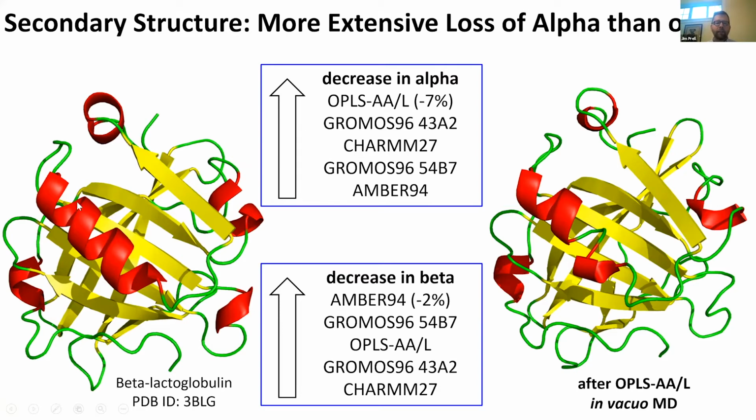You can see some of the alpha helices here that have started to unwind a little bit over here on the right in our in vacuo MD simulations, but beta sheets seem to be a bit more robust. This is really encouraging because it's long been a question of how well transfer to the gas phase preserves secondary structure, and this is consonant with, for example, spectroscopic studies done by Bowers and von Helden.